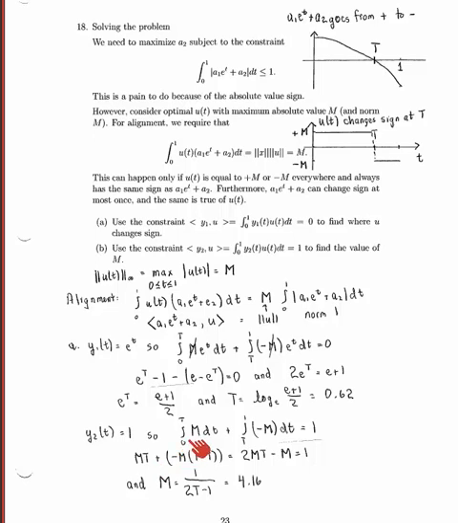In other words, MT from the first integral plus minus M times 1 minus T from the second integral, which is equal to 2MT minus M is equal to 1. Solving for M, I see that it's 1 over twice capital T minus 1, and when I plug in 0.62 from the previous part of the problem, I discover that capital M has to equal 4.16 in whatever units Luenberger is measuring current in, and our problem is solved.